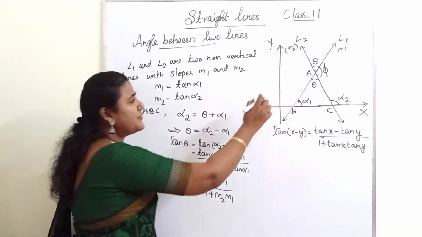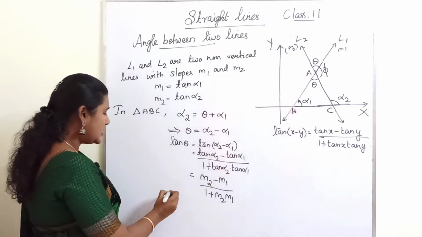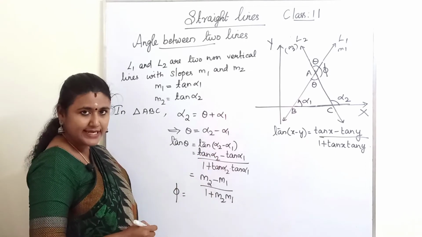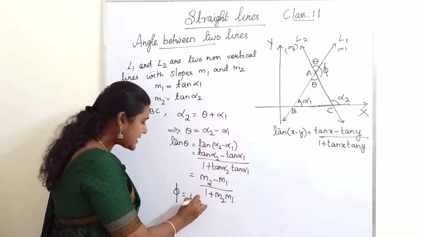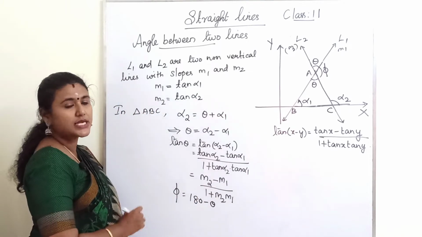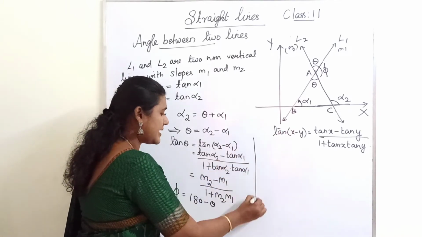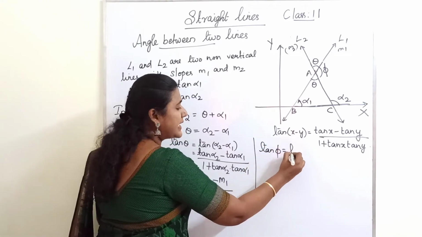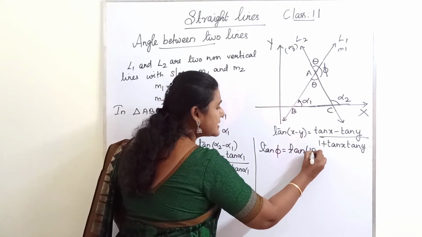Now we have to find the other angle phi. Since theta and phi form a linear pair, phi is equal to 180 minus theta. So tan phi is equal to tan of 180 minus theta.